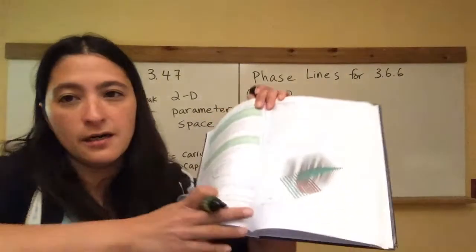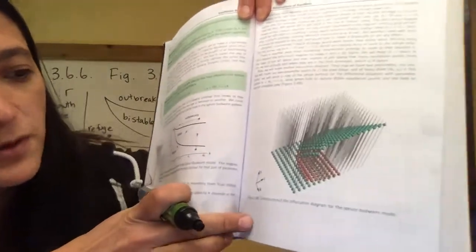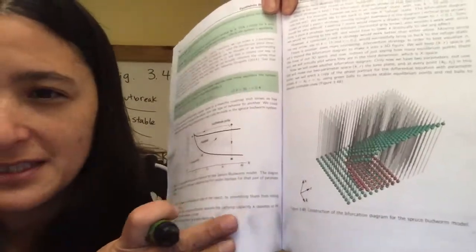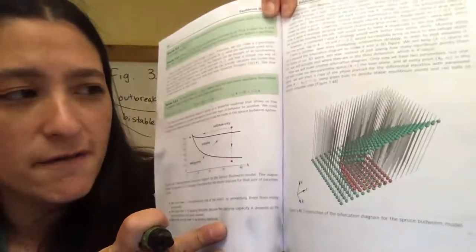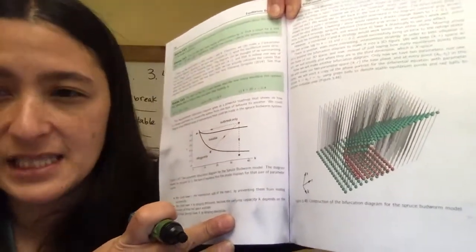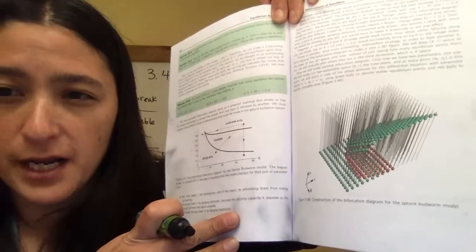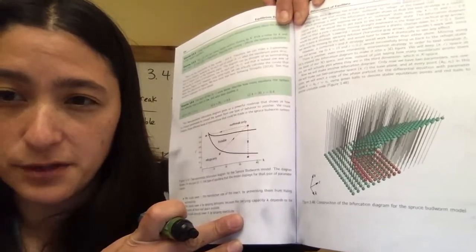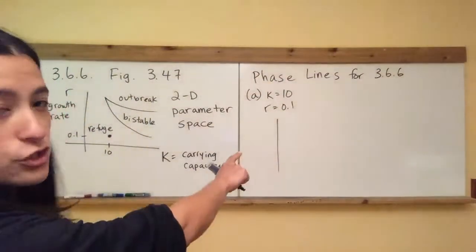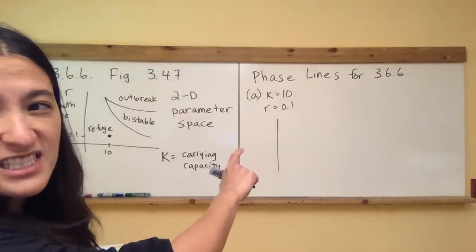Now, just to match it with figure 3.48, the reason this thing has lines going all over it is because they're trying to have you consider what the phase lines look like for any point in that two-dimensional parameter space. And that's what I'm trying to draw over here, the phase lines.